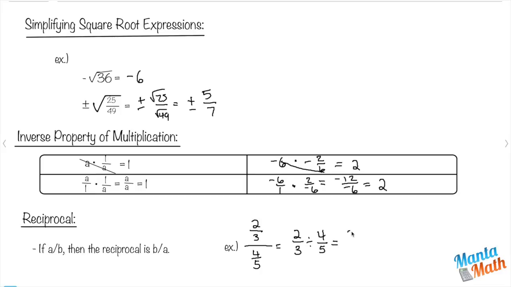We can change that to multiplying by the reciprocal of 4/5, which gives us 5/4. Then we simply multiply across the numerator and the denominator, and we have 10 over 12, which can simplify to 5/6.